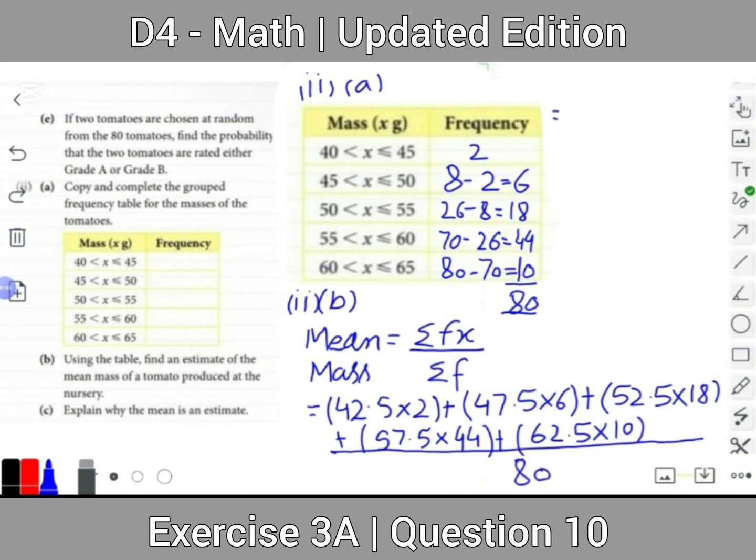Now after calculations, we will get 4470 divided by 80.